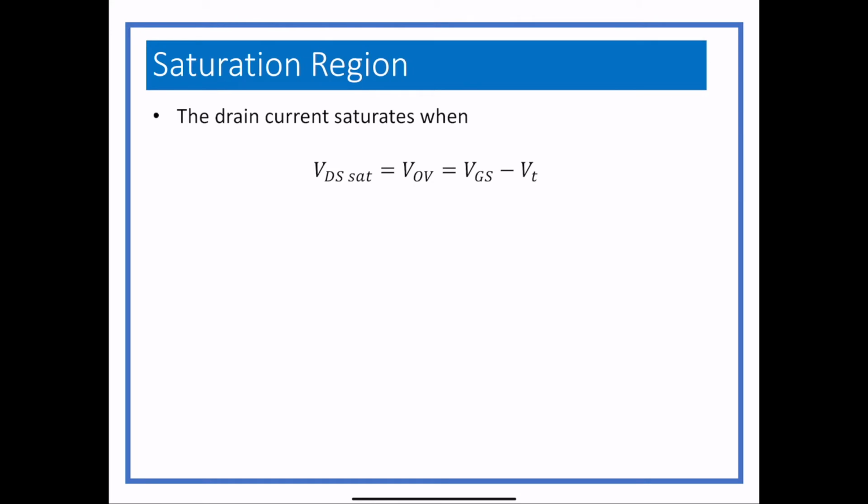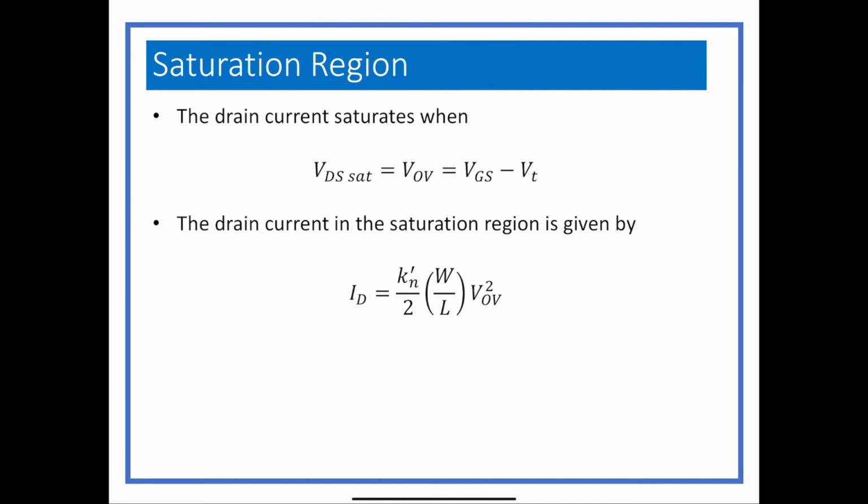So when we want to quantify this, since we have a relationship between the overdrive voltage and the drain current, we don't actually care what VDS saturation is, we can quantify the drain current by just taking this constant at the front, which I will explain in a minute.